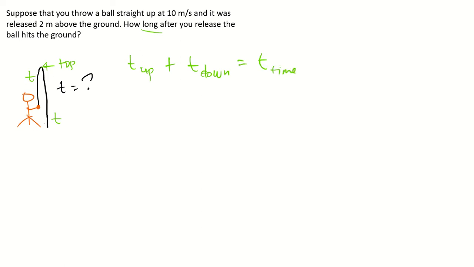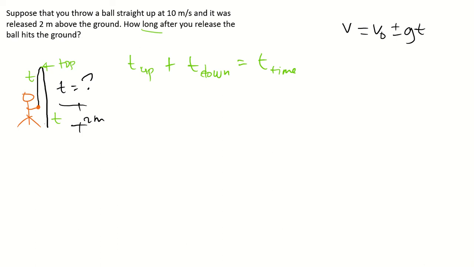Now, this is a bit difficult because there is a height of 2 meters. There are many approaches we can take, but the formula will always be the same. The formula is velocity final is equivalent to velocity initial plus or minus the acceleration due to gravity times time.